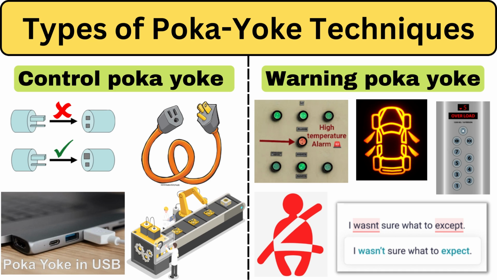The car gives a warning signal when doors are open, and a lift shows an overload signal, and if the seat belts are not worn, at that time also the car gives a signal. That comes under warning Poka Yoke. And you can take the example of any sensor device that gives a signal; that comes under warning Poka Yoke.